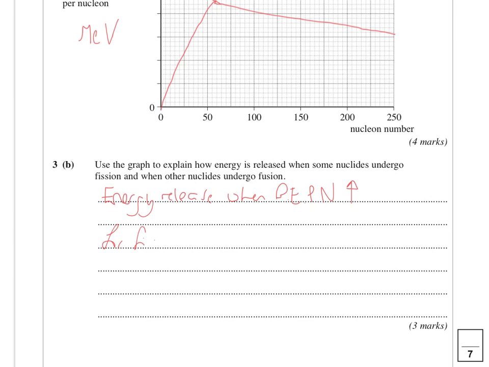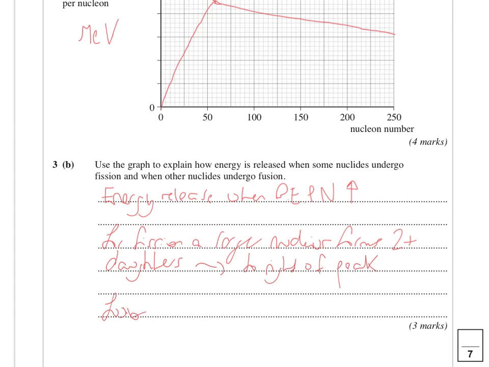For fission, a larger nucleus forms 2 or more daughters, and that happens to the right of the peak.